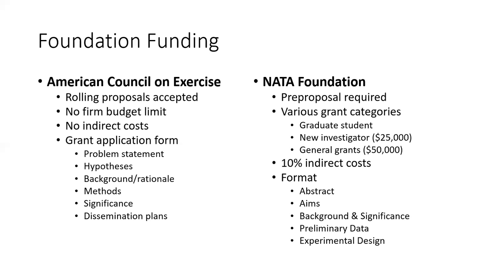And then the grant applications themselves absolutely differ. The American Council on Exercise has, I would say, more of your traditional perspective in terms of a problem statement, hypotheses, a background rationale, method, significance, and dissemination plans.